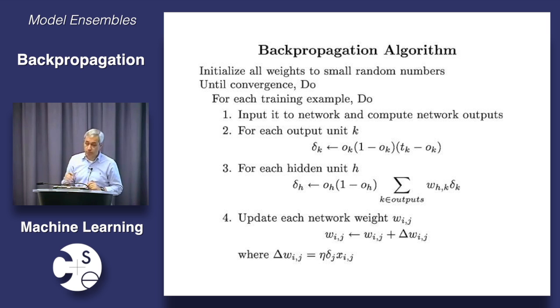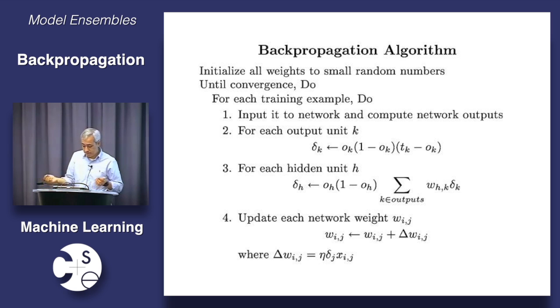First I do a forward pass. I input my new example to the network and I compute the values of things going forward until I have my O value at the output. Then at the output, I compute my delta k, which is just the expression for the gradient for a single sigmoid unit. And then I do this for the hidden units, using the expression that we just saw.